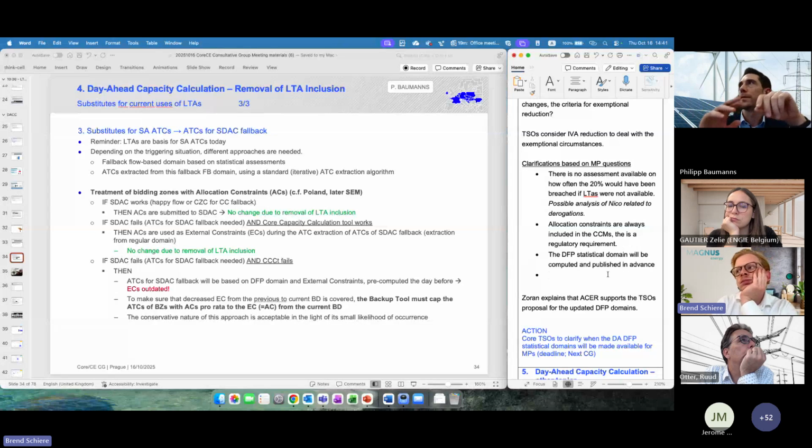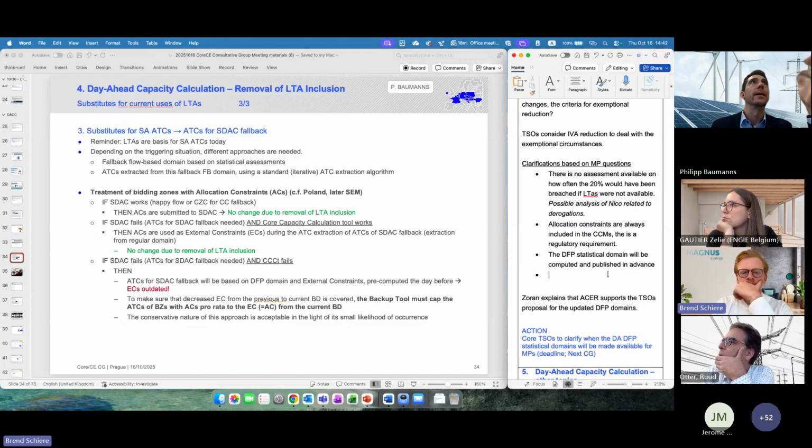But if both processes fail and we go to the shadow auctions, then we would have to adjust those ATCs that come out of the ATC extractions to respect the allocation constraints in Poland. Given that it's very unlikely that both capacity calculation and SDAC fail at the same time, I think this conservative approach might be fine.